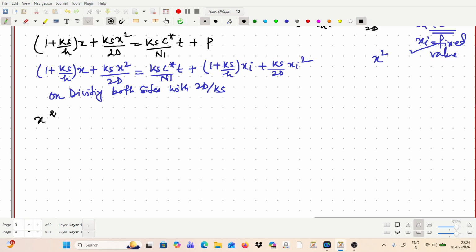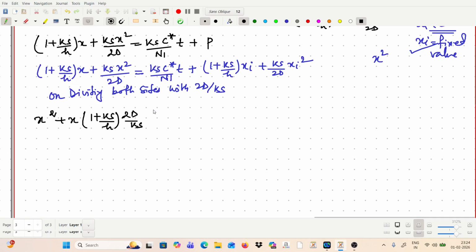First we get x square plus x times 1 plus ks by h, multiplied by 2d by ks on both sides. Okay, so it should be 2d by ks multiplied with 2d by ks.